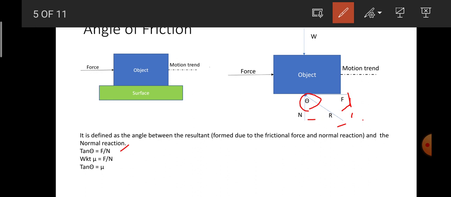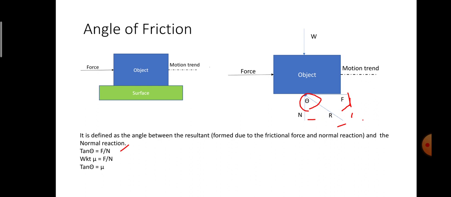Therefore we can straight away say that tan theta is equal to mu, or the coefficient of friction is equal to the tan of the angle of friction.